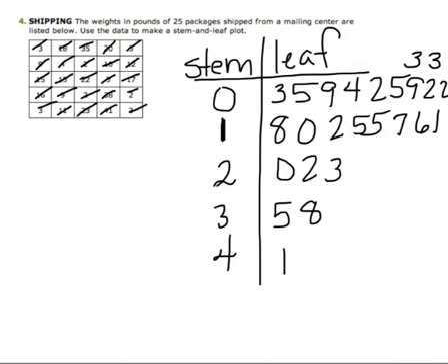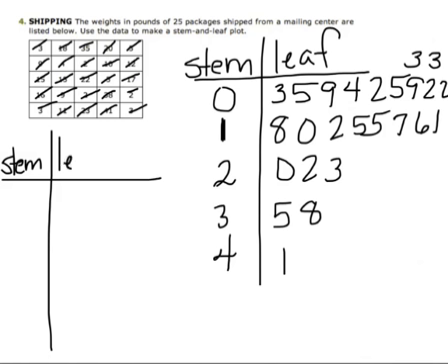I do need to order it, so I'm going to just redo my chart and put those in order. Stem and my leaf. And I've got 0. Putting those in order, I've got 1, 2, 3 2s, and they do all have to be listed. The other way you could do this is you could order your data first and then just make your stem and leaf plot one time.